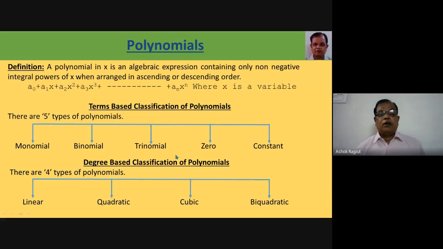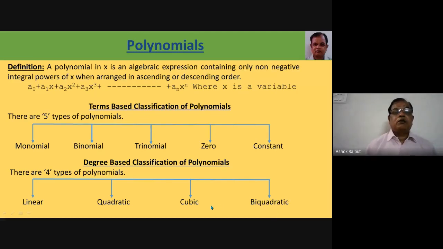After that, the degree-based classification has four types: linear polynomial if its degree is 1, quadratic polynomial if its degree is 2, cubic polynomial if its degree is 3, and biquadratic polynomial if its degree is 4.